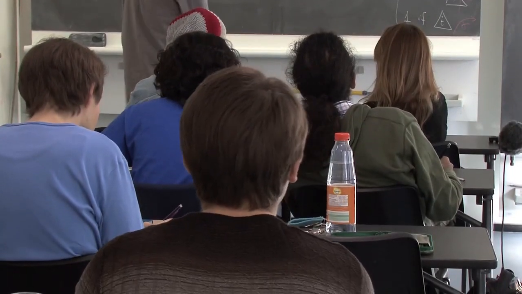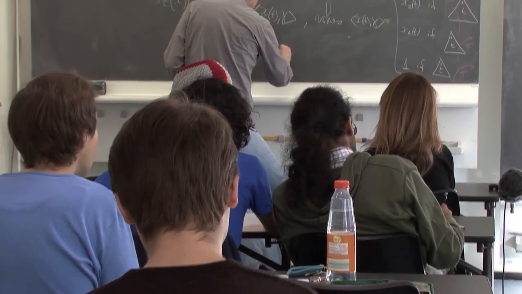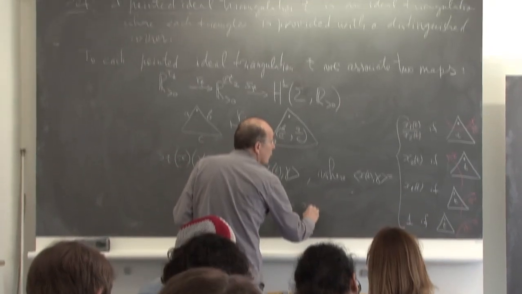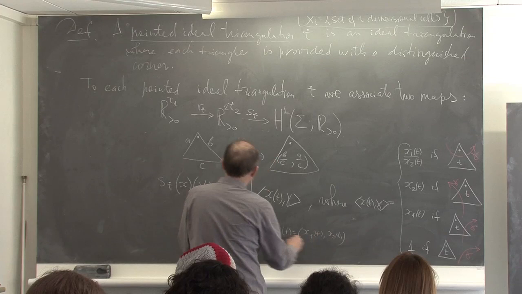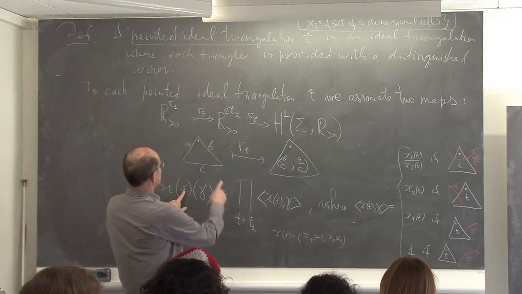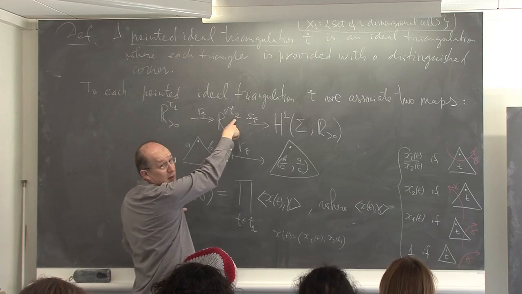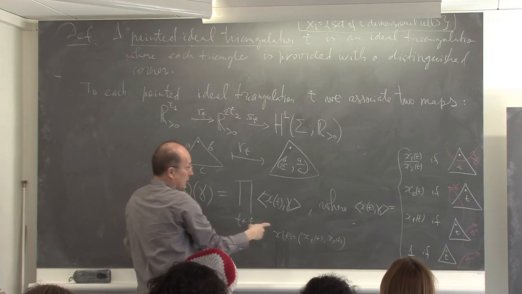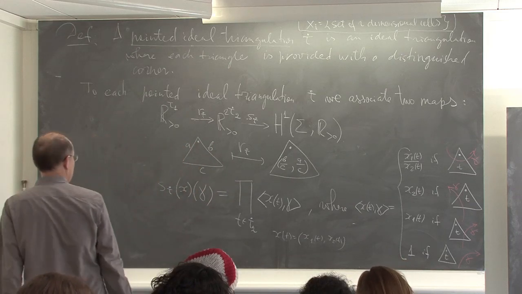Yeah, x of t is x1 of t, x2 of t, because x is a function on triangles which takes two positive values. Okay. These two positive values are here. Thank you. You're welcome.